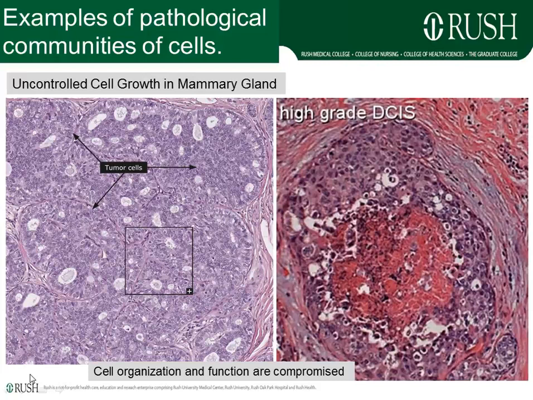The cells are no longer lining those nice little tubules, so they can't really produce their milk properly. And this uncontrolled growth, of course, can lead to tumors that can be life-threatening. So cell organization and the function are interlinked here, and when you compromise one, you compromise the other. So this is an example of a pathological community of cells.